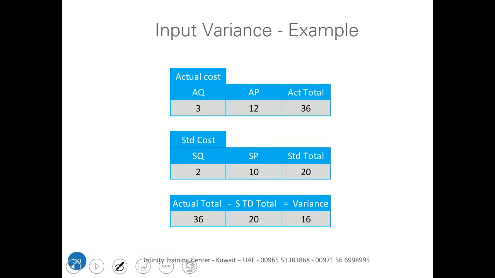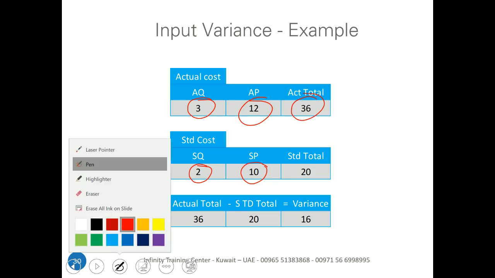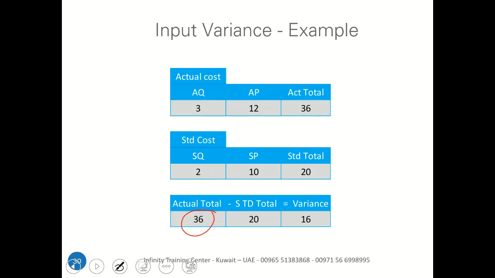But actually what happened, instead of 2 units, we spent 3 units, and instead of $10, we spent $12 on the input. So because of that, our cost is $36. When we check what is actual, 36, and what is standard, 20, we have a variance of 16.